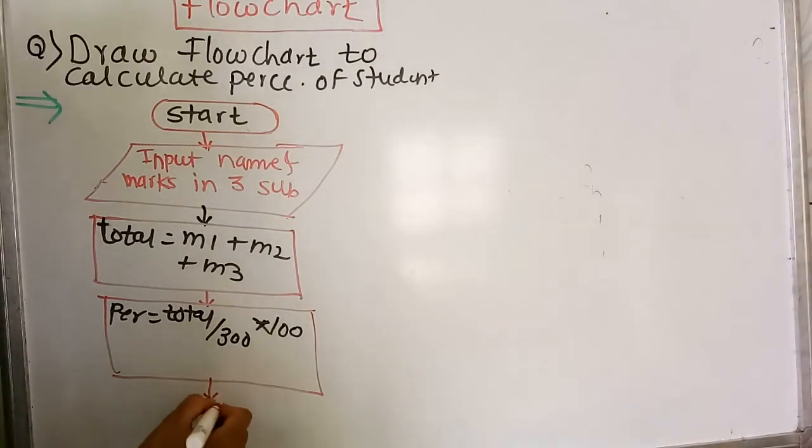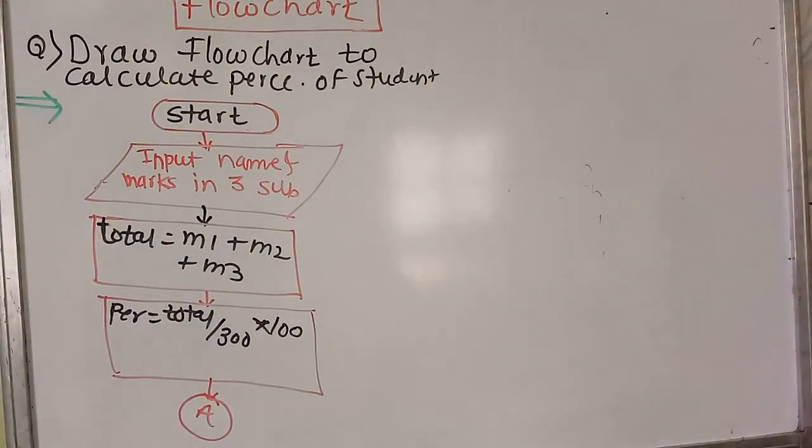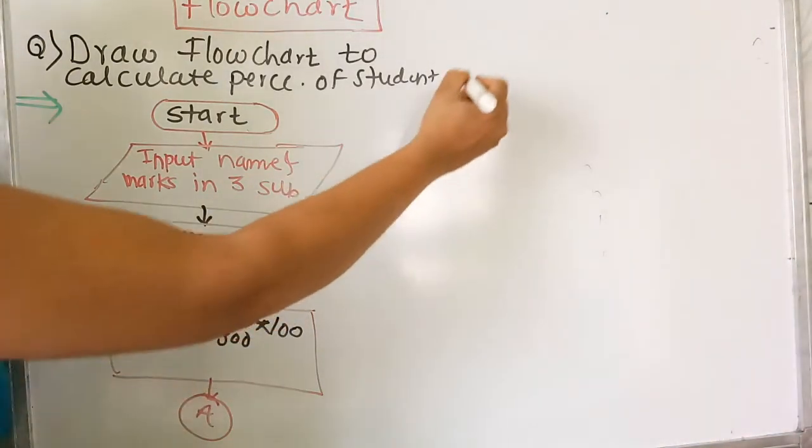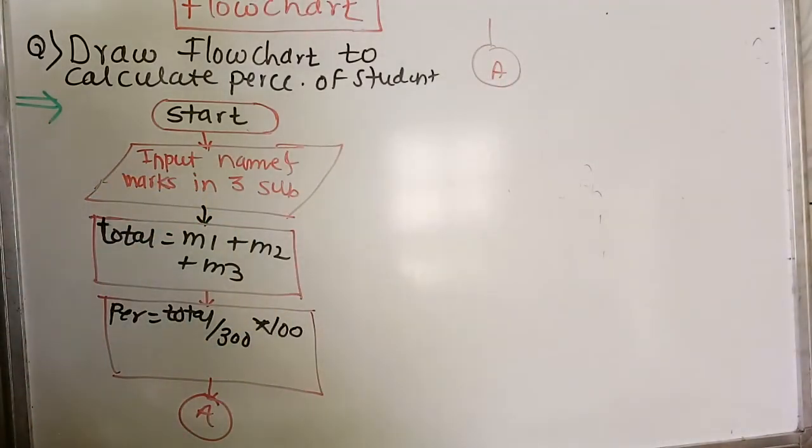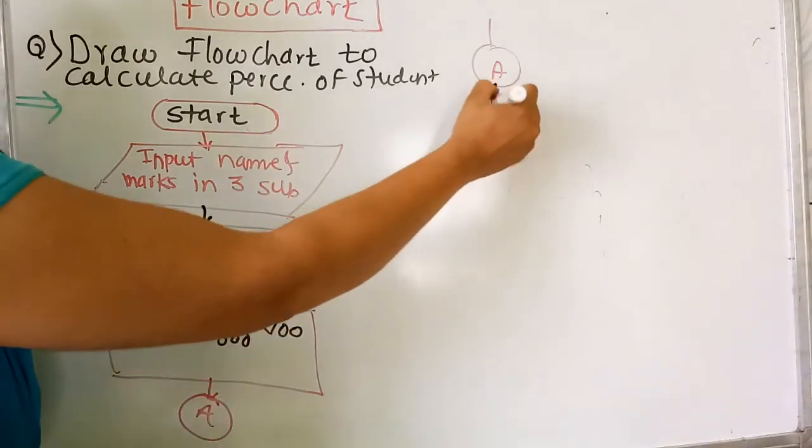But as our procedure is over, we will take one connector. Start with this connector from here and again write, like, we have to only print.